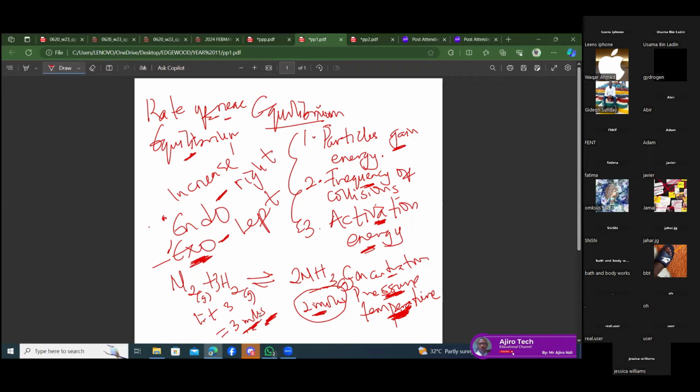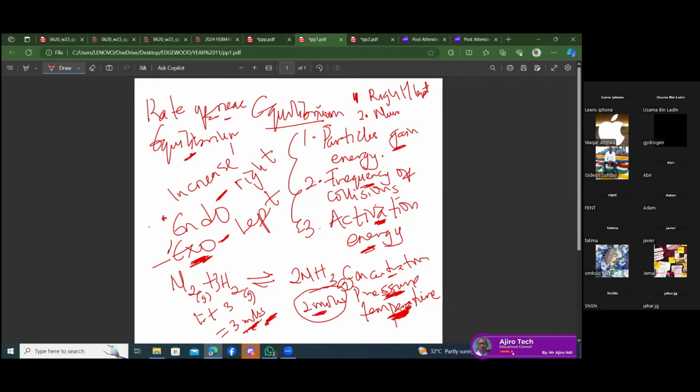So in summary, for pressure, increase in pressure favors the side with lesser volume. Okay, so if you are asked to state how pressure affects equilibrium, first talk about where the equilibrium shifts to. Is it shifting to the right or to the left? Then for the second mark, you talk about why it is shifting to the right or the left, which has to do with the number of moles.